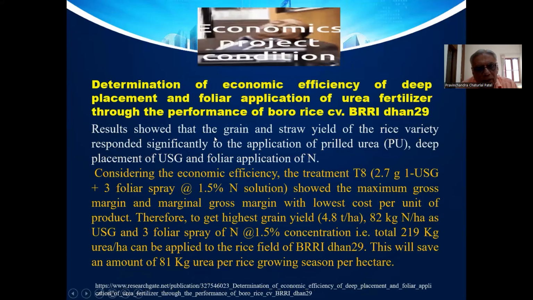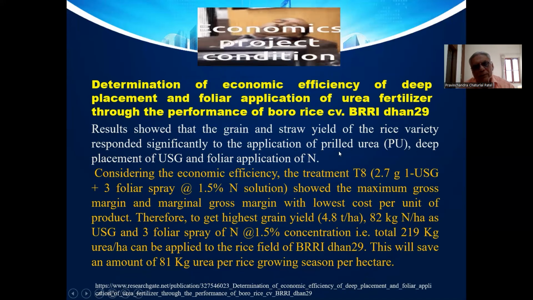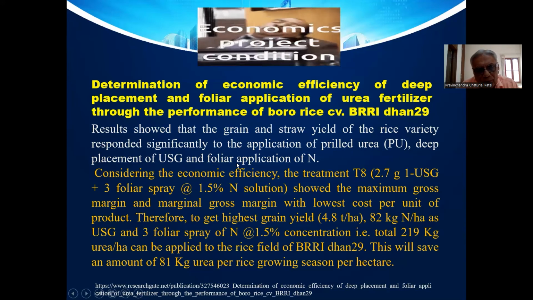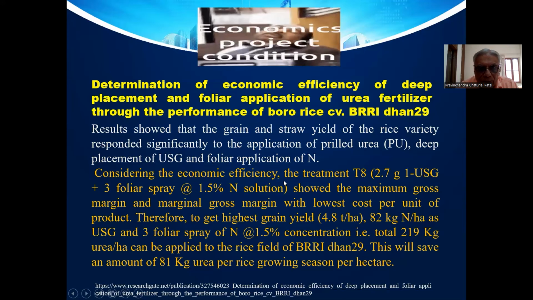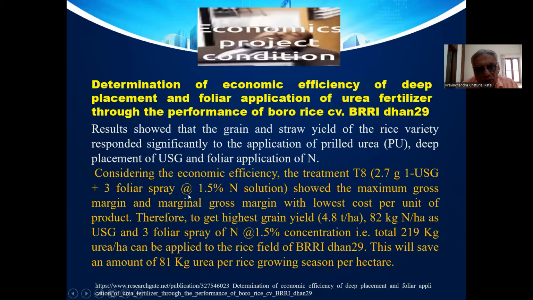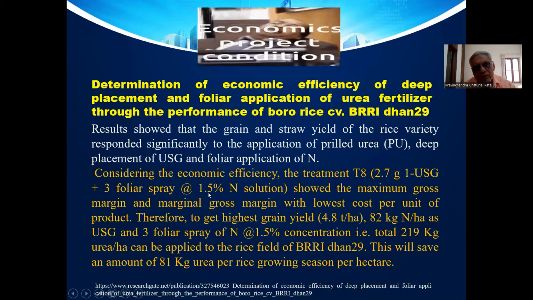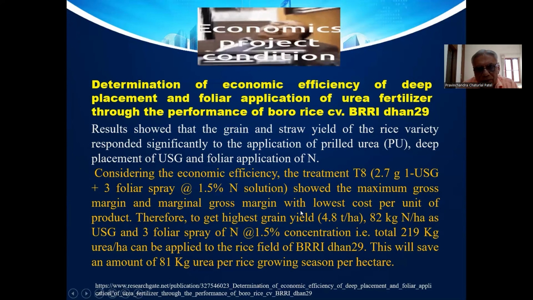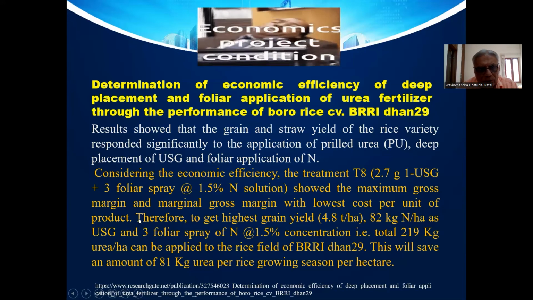So results showed that the grain and straw of the rice variety responded significantly to the application of prilled urea, deep placement of urea supergranule, and foliar application of nitrogen. Considering the economic efficiency, the treatment T8, 2.7 gram urea supergranule plus 3 foliar sprays at the rate of 1.5% nitrogen solution, gave the maximum gross margin and marginal gross margin with the lowest cost per unit of product.